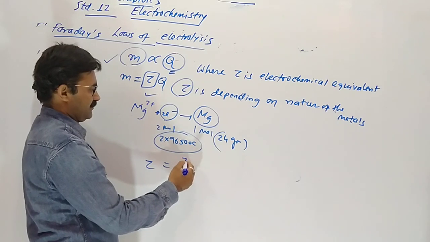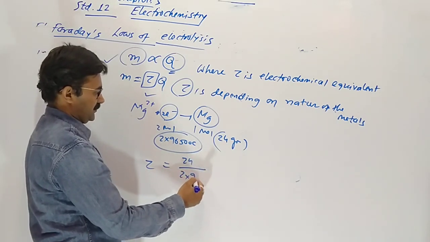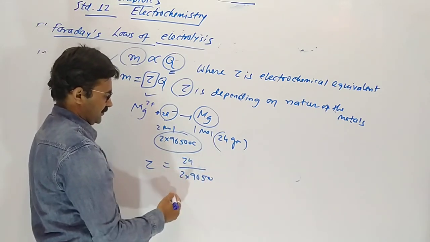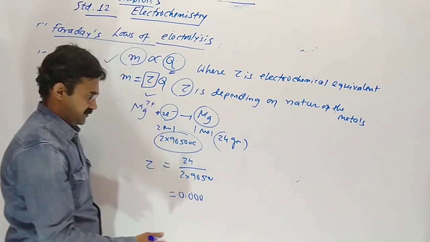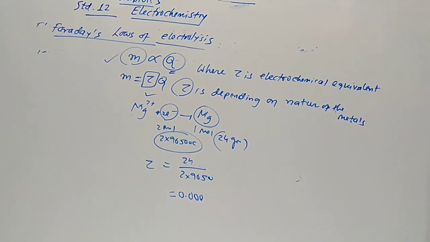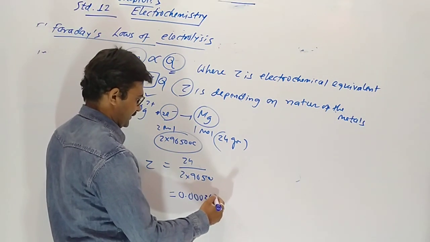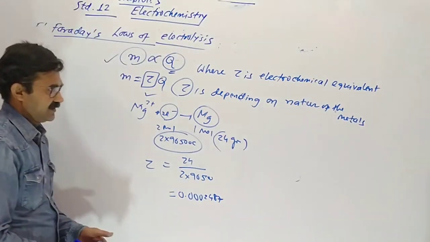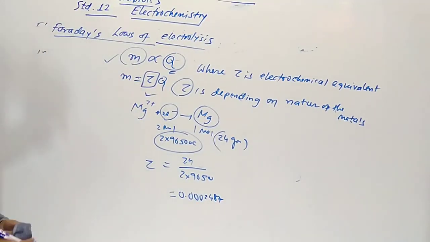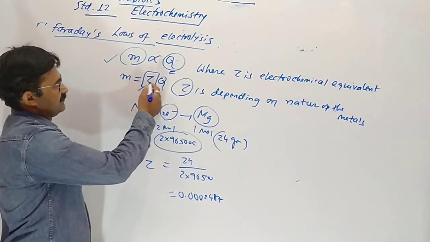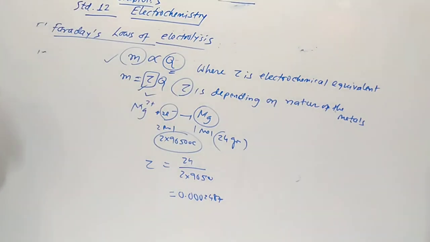So our Z will be 24 upon 2 into 96500, which is 24 divided by 96500, 0.0002487. You can see it is changed. The Z value will change, but for the same metal it will remain the same.